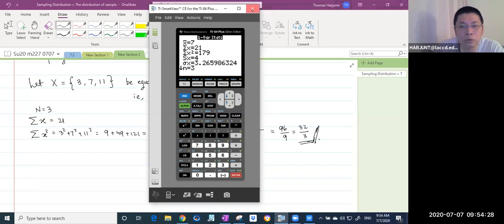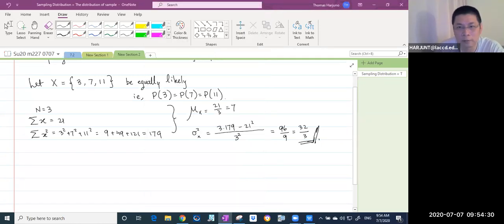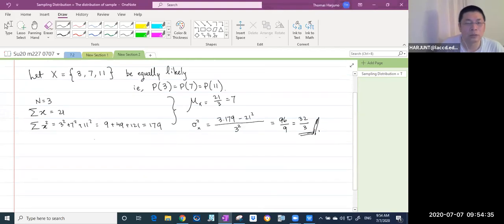What I'm trying to do in the next 10 minutes is the following. That's the random variable x. Now we will do the following. Now do sampling of size 2 with repetition.